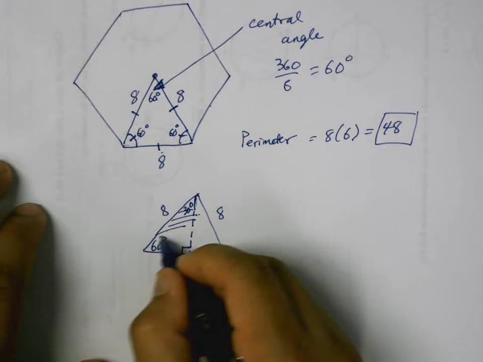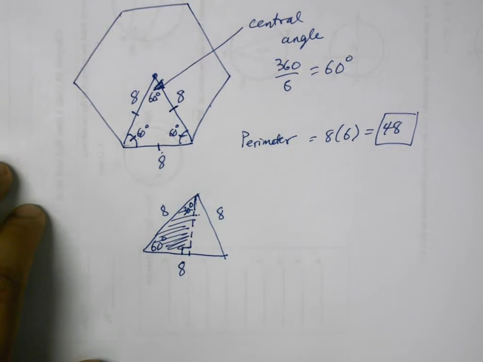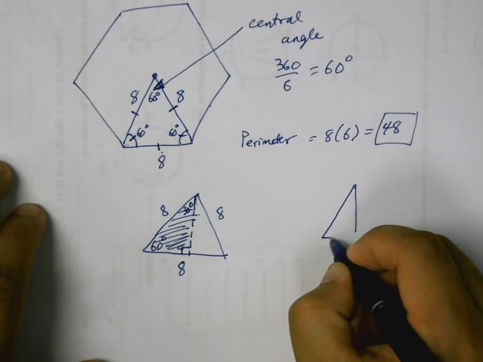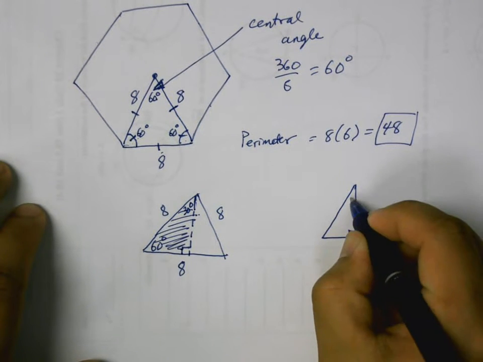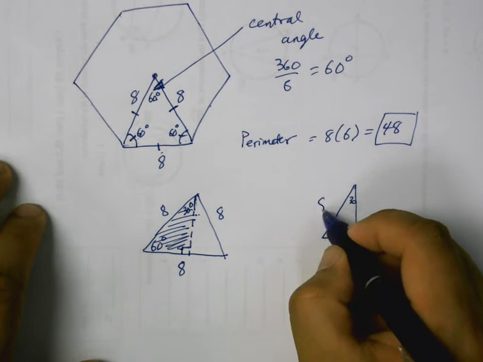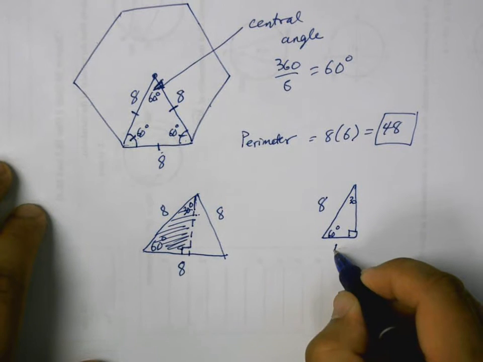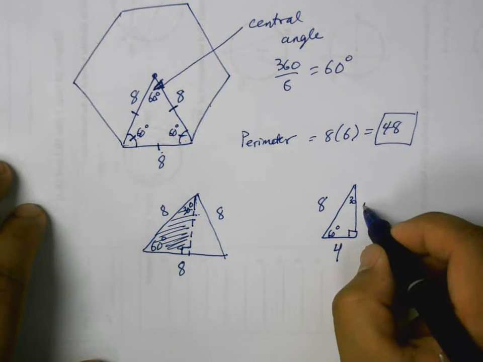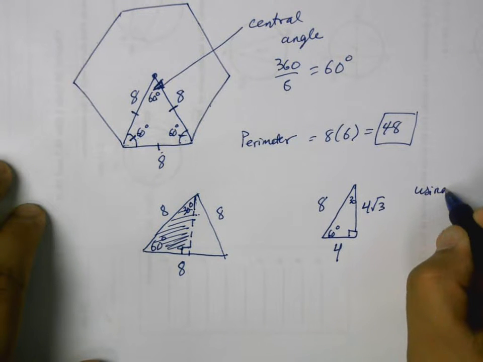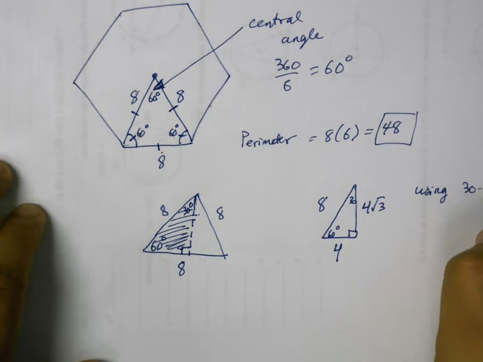So if you just look at the shaded triangle, what we have here is a 30, 60, 90 triangle. So I'll draw the small version out here. You have a 30, 60, 90 triangle. And if this is 8, then this length here must be 4, and this length here must be 4 root 3, using the 30, 60, 90 theorem.